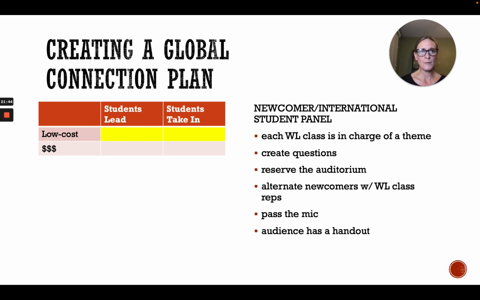And the newcomers and international students would answer the questions in English. The whole audience, which are all the world language classes, has a handout where they are filling in answers. They are profiling 3 or 4 of the newcomers, the international students, and they'll write about them.